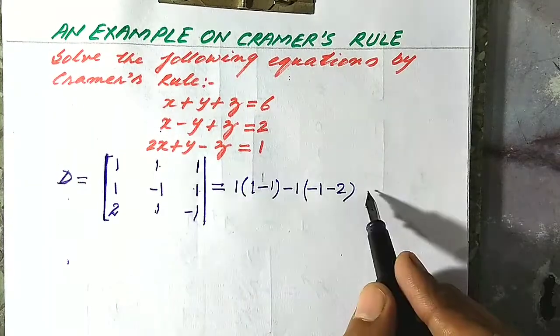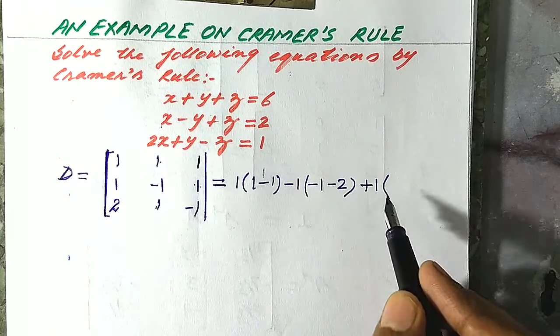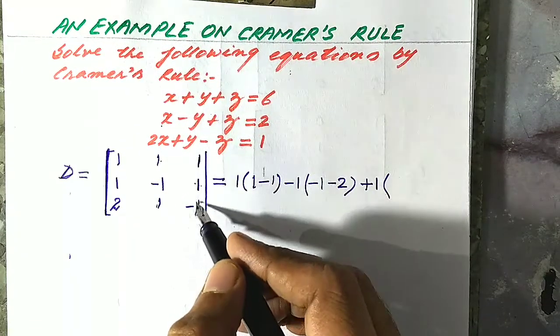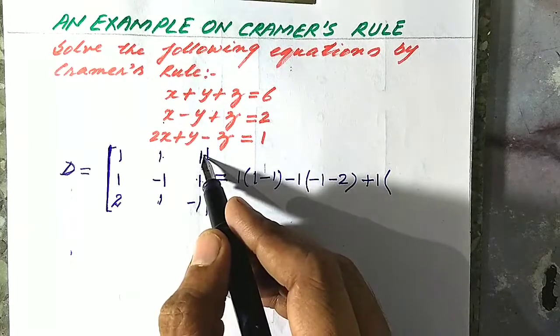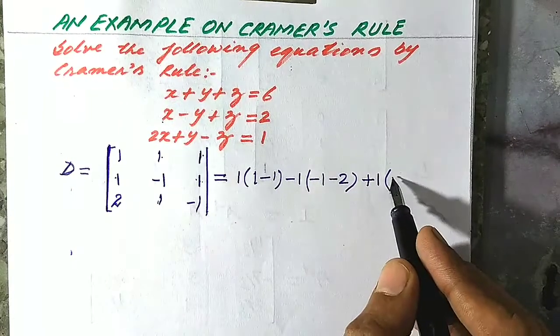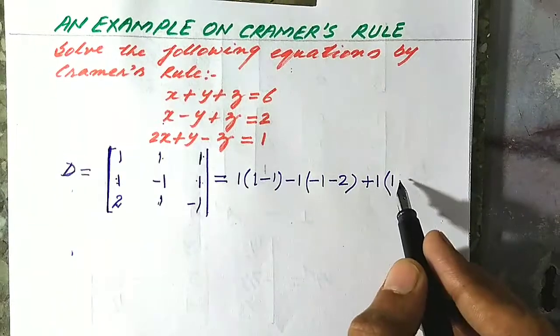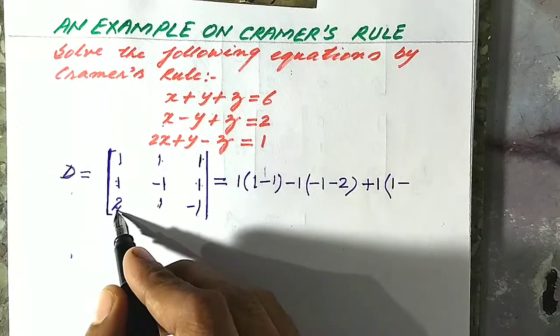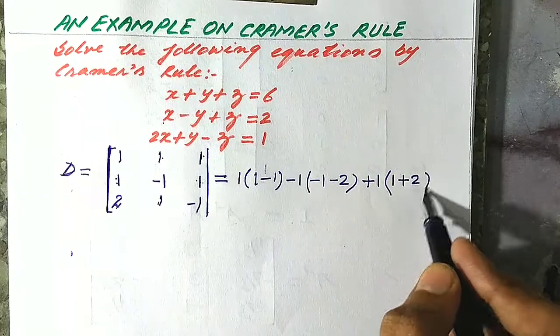And the next element take with positive sign, bracket, and then we have to eliminate this column and this row in which this element lies. These 4 elements are left. Take the cross multiplication of these 4 and put a minus sign between them. 1 ones are 1, minus minus 2, minus minus becomes plus, so plus 2.